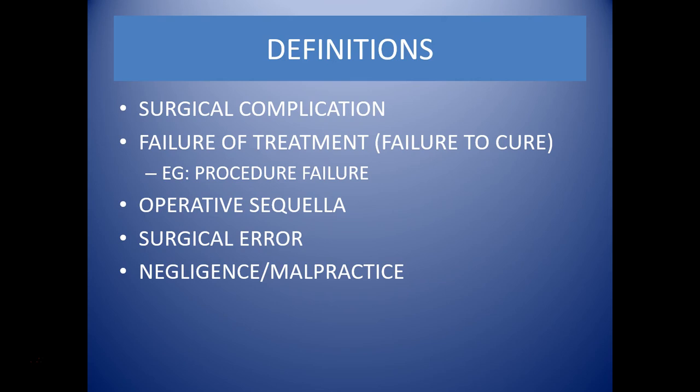In describing our own surgeries or describing the evaluation of the work of other people, it's important, I think, to use proper terminology. And this can also be extrapolated to non-operative therapies. So we have surgical complications, which are undesired and unintended outcomes that would not have occurred. We have failure of treatment.